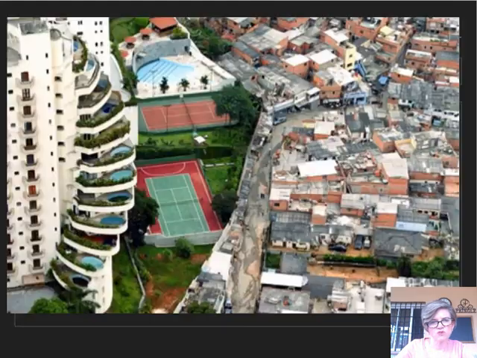Another powerful picture, or maybe one you've seen one like this before, are pictures like this where you've got really run down, almost urban slum kind of area right next to, sharing a wall with this luxury space, okay, where you've got swimming pools on the balconies and, I don't even know what this is, a wave pool over here and tennis courts.